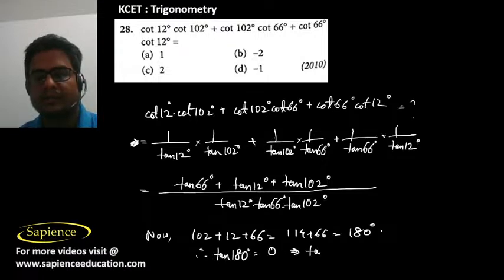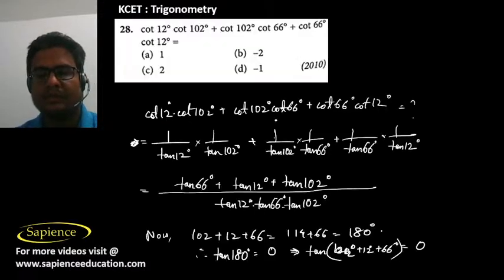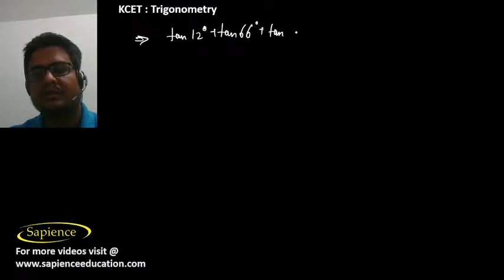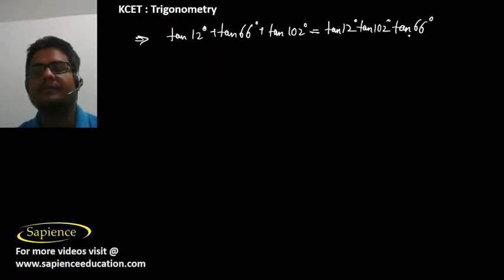So it means that tan of 102 plus 12 plus 66 degree is equal to 0. So it means tan 12 plus tan 66 plus tan 102 minus tan 12 into tan 66 into tan 102, okay, so that will be equal to tan 12 into tan 102 into tan 66 degree.